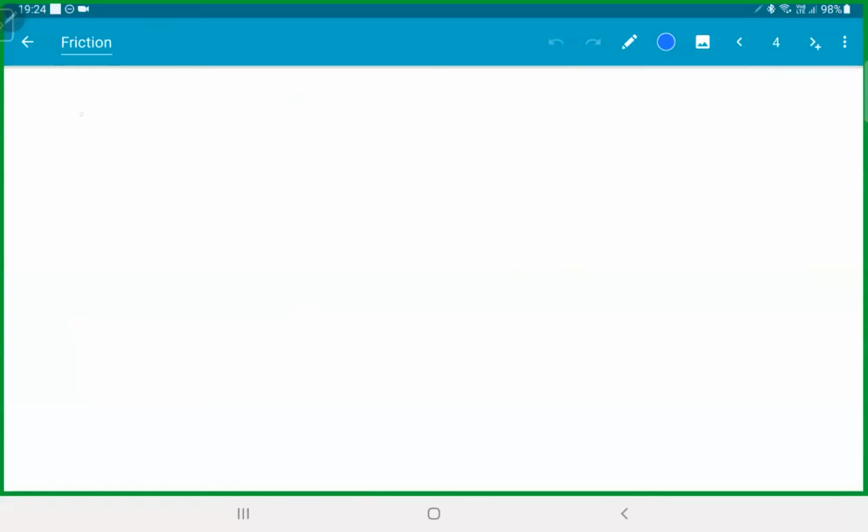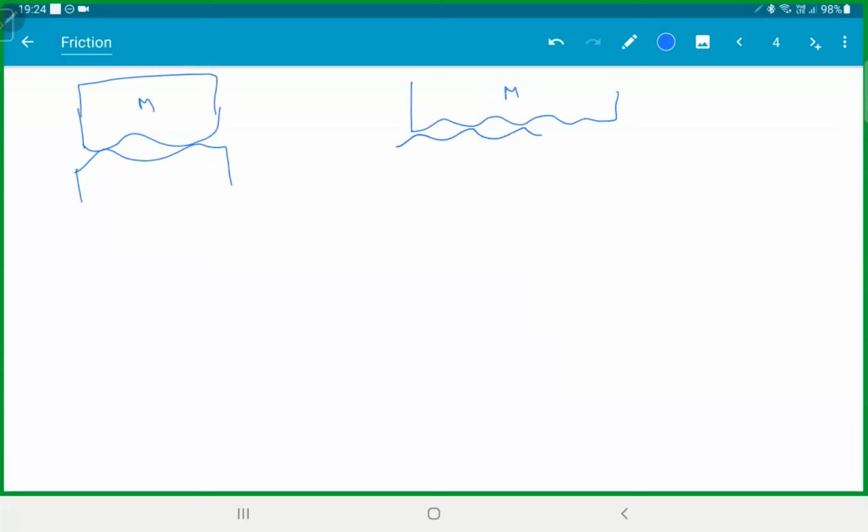Next thing, let's say you take a block here of mass m, or you take a block with a wider area, but the same mass m. So we have a larger area here and a smaller area here.